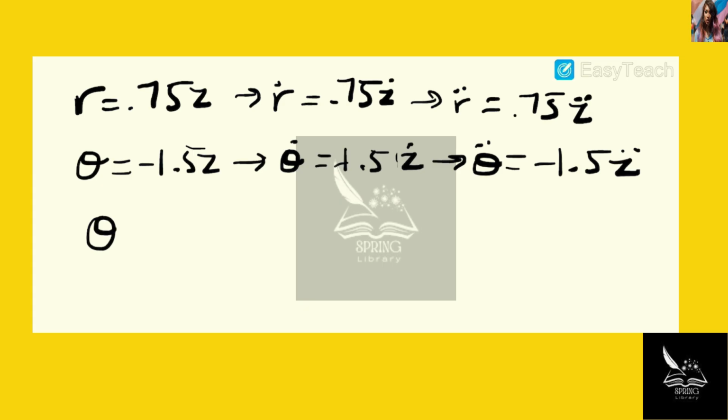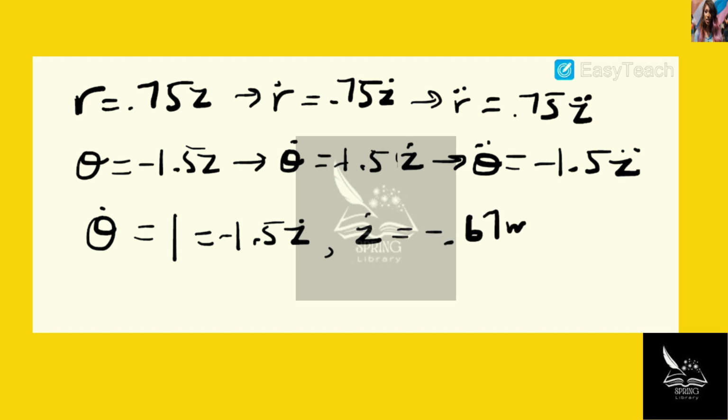So we know that theta dot is equal to 1 radian per second, which is given to us, and that's equal to negative 1.5 z dot. Therefore, we know that z dot is equal to negative 0.67 meters per second. And we know that z double dot is equal to 0.